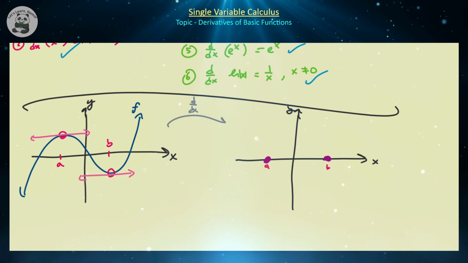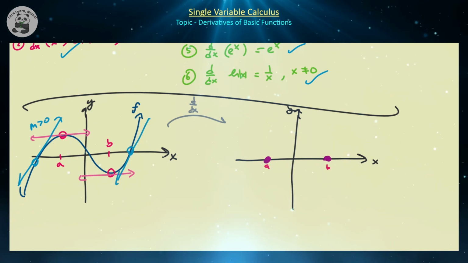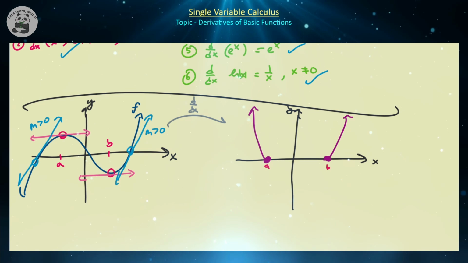So if we choose a point to the left of a, notice that the tangent line is going to have a positive slope there. And if we choose a point on the right-hand side, notice that the slopes also are going to be positive on that end. So that means the value of the derivative is going to be some positive curve on those intervals.